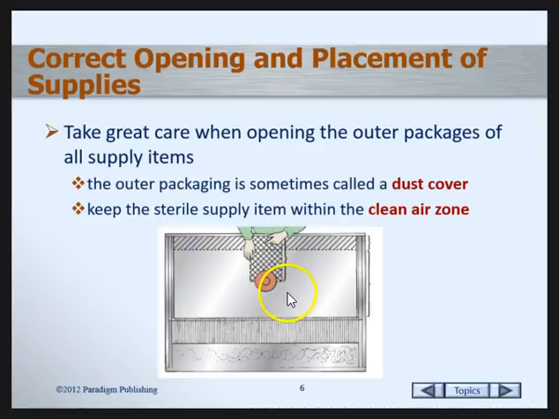Once we open the outer packaging or the dust cover, at least 6 inches inside, holding it above the DCA, when you remove the IV bag, you will place the IV bag, which is sterile, onto the DCA and then throw away the outer plastic dust cover into a waste receptacle.